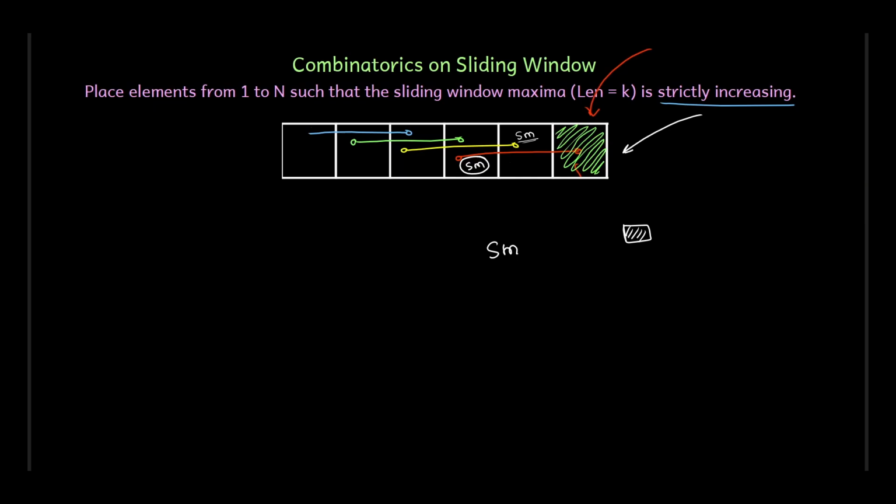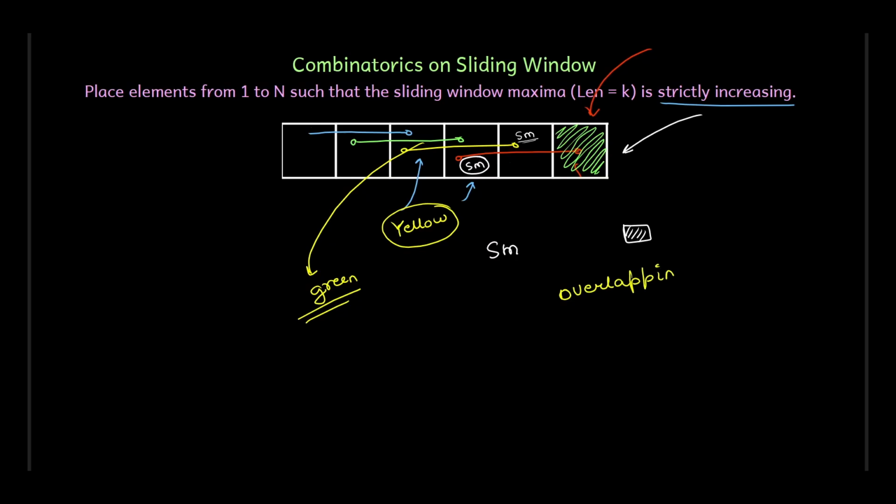Then you can see that there is one window that includes the second maxima, which is this yellow one. The yellow window includes the second maxima, but the green window also includes the second maxima. This means that the second maxima also cannot be in an overlapping region.